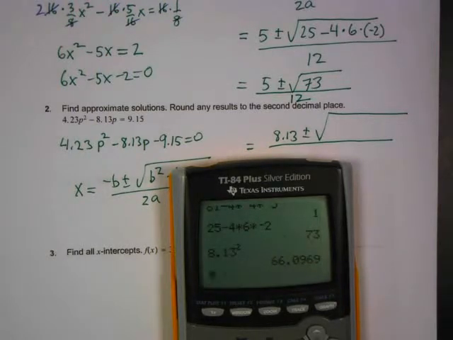Notice I didn't even bother with the minus sign when I used my calculator. Why not? They cancel each other out anyway. I know the answer has to come out positive. So I just type in 8.13 squared and take the positive answer. It's got to be positive when you square it.